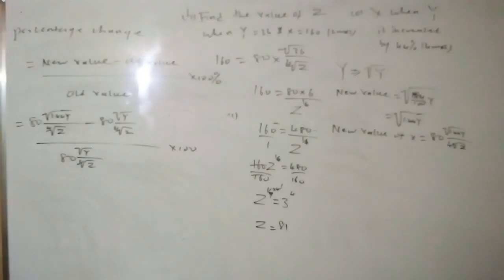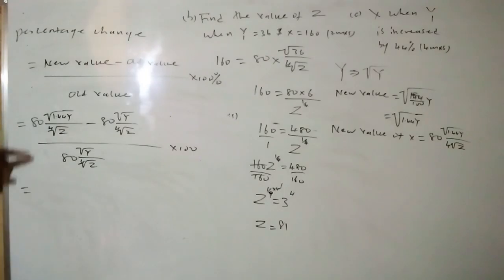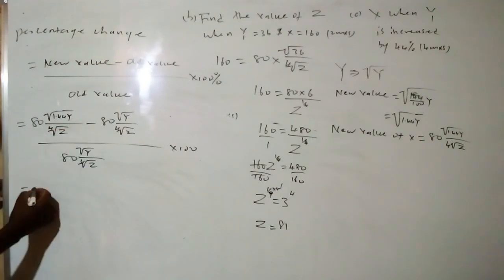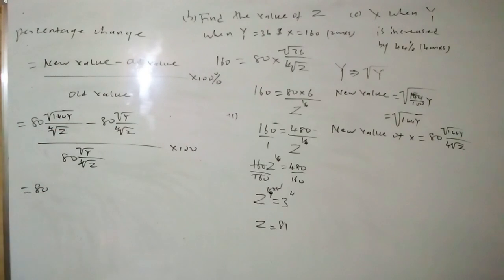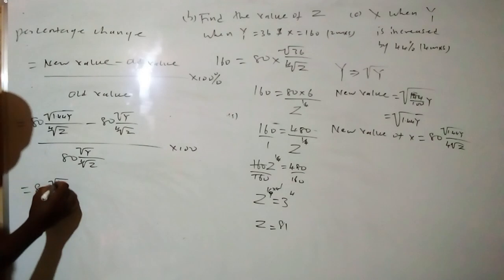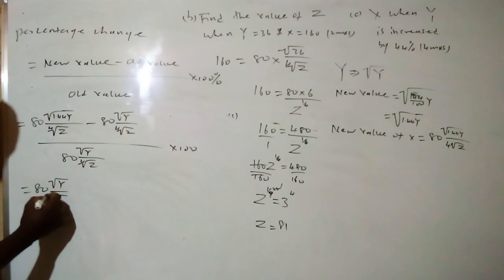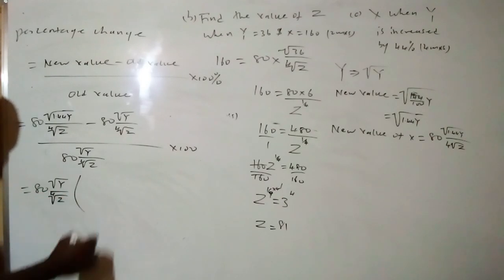Next we are going to come here. What is the common factor of our numerator? I can see 80 is common. I can also see root Y and the 4th root of Z. Square root of 1.44 is what?